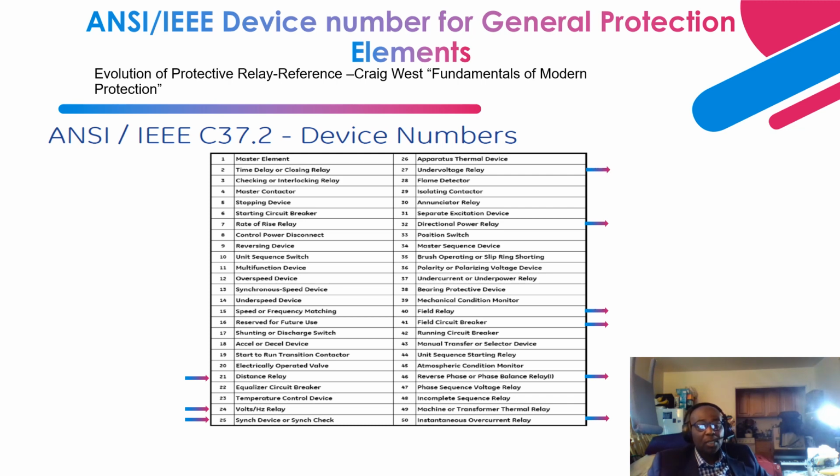Next is negative sequence relay, right? Let's say if you have a phase unbalance and phase reversal, ANSI device 46. This is what this relay does. It detects that amount of unbalance. So for each generator, the manufacturer specifies the allowable unbalance for a period of time, right?